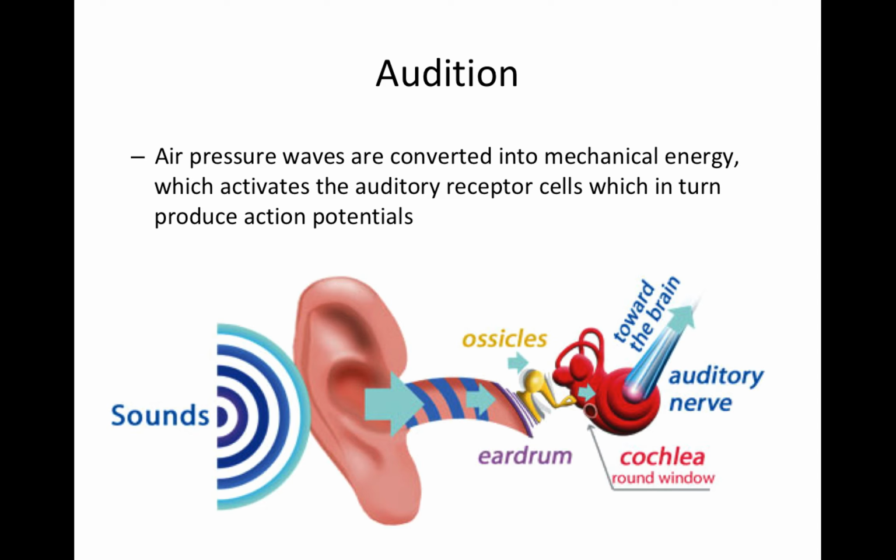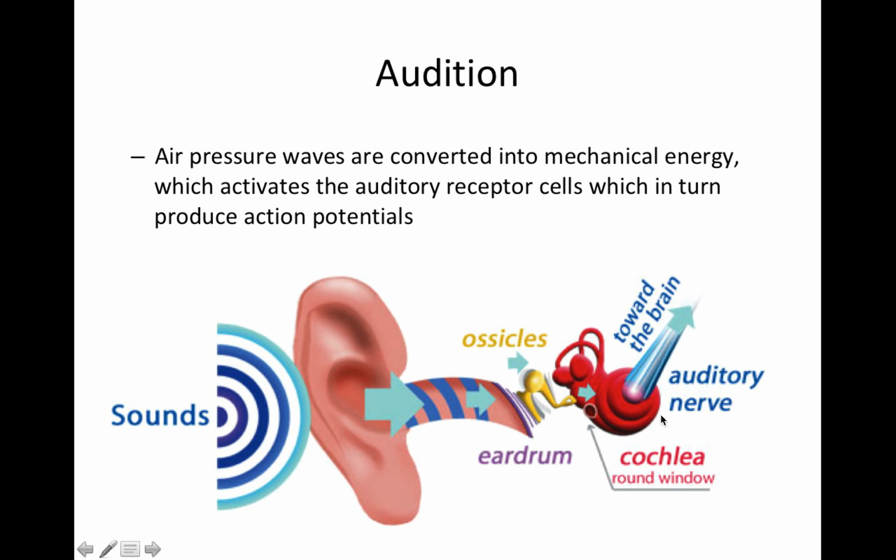Okay, so remember the slides from 2 videos back? So I technically already went over this slide, but I want to talk about it again. So remember that sensory receptors transduce energy into action potentials. Well, in addition, air pressure waves are first converted into mechanical energy, and then that activates the auditory receptor cells and in turn will produce action potentials.